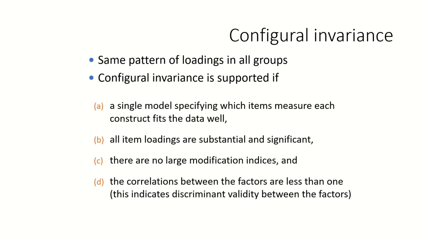There should be no large modification indices, and the correlation between factors should be reasonably small, should not approach unity. And of course the model has to fit reasonably well, so we have to look at the overall fit indices. These are the issues that you need to look at with your model, ideally in each individual group separately.